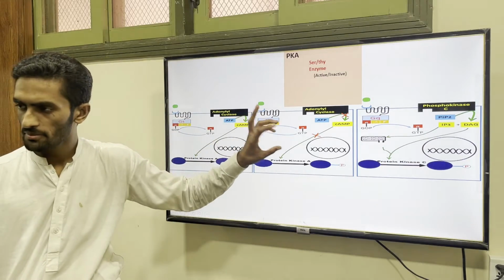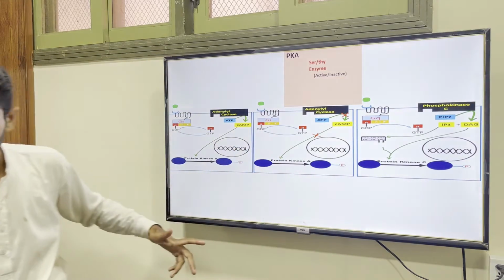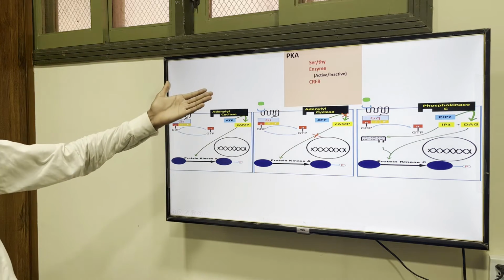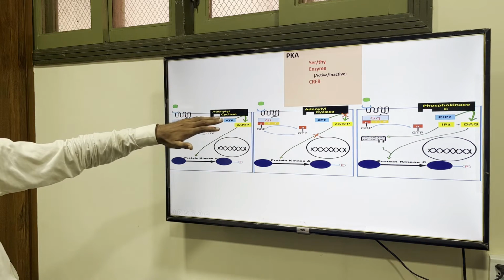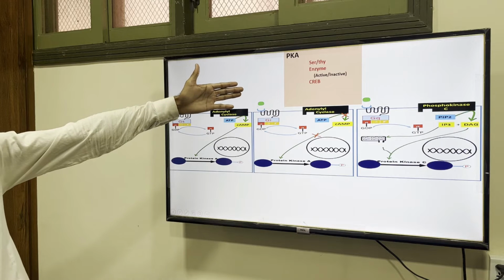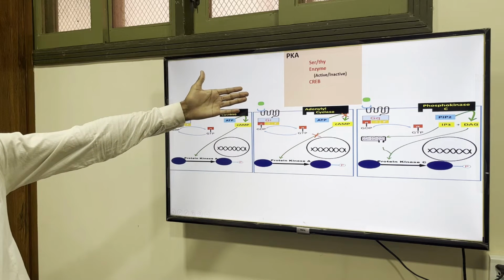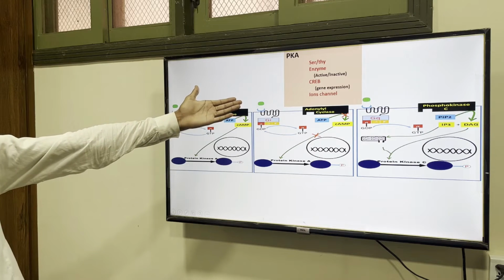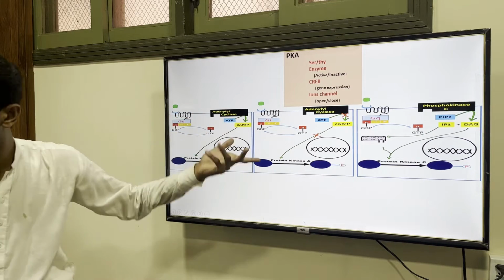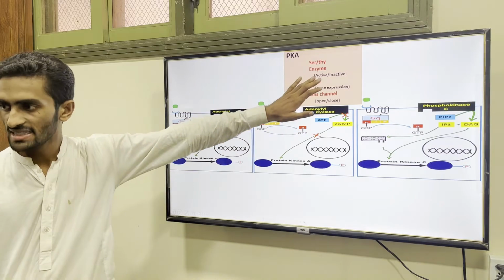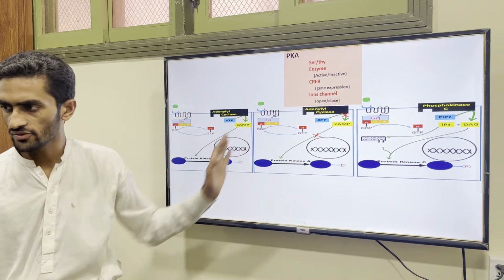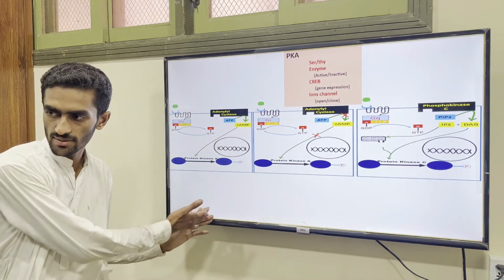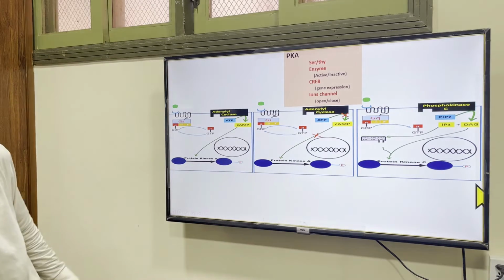When they phosphorylate, they become either active or inactive. They activate CREB, the cyclic AMP response element binding protein, which affects gene expression, and the ion channels may be open or closed. These are the functions of your protein kinase, what it can do when this system is activated.